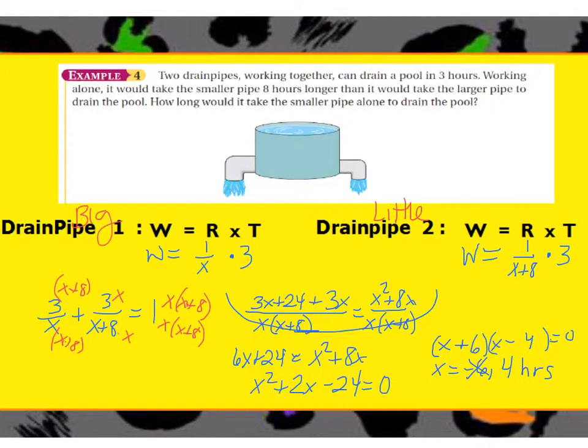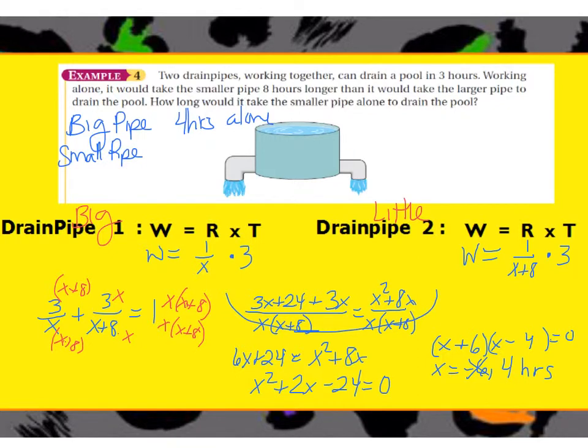Notice, though, that the question is asking how long will it take the smaller pipe to drain the pool. I usually just cover my bases and I answer everything. The big pipe will take 4 hours if it's working alone, and the small pipe, well, it takes 8 hours longer.